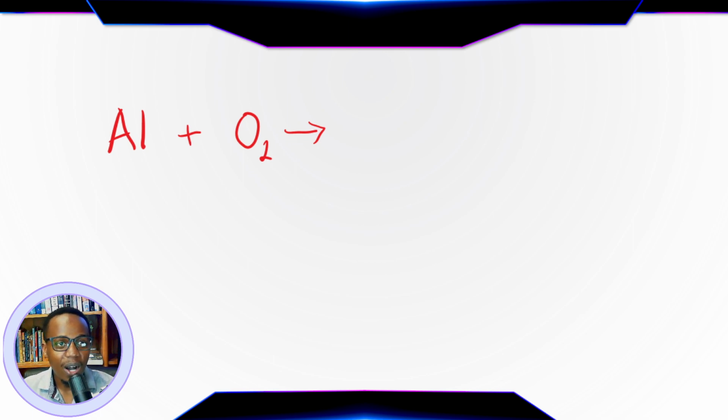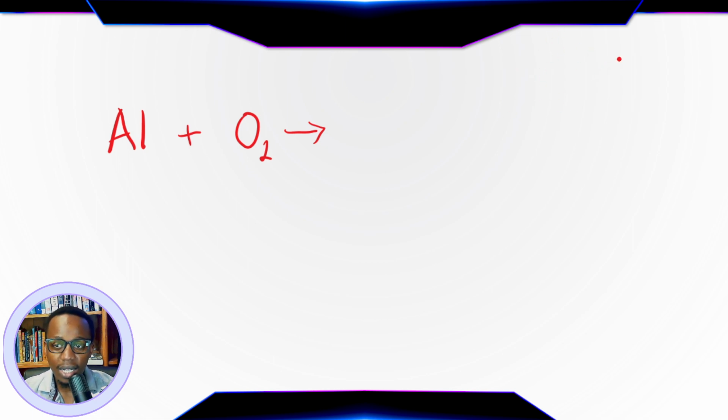Some people really, really want to write down that it becomes AlO2, and that is false. That is definitely not true, right? It's not AlO2. You know that Al combines with O2, but you're going to see, okay, how does Al combine with O2?